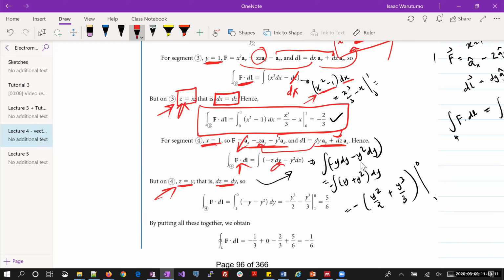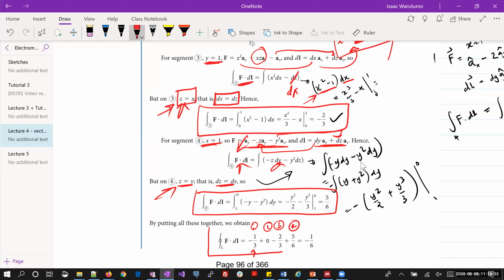And once you have done this integration, it will give you 5/6. And therefore, the full line integral, which is a combination of the 4 terms, path 1, path 2, path 3, and path 4, gives you the closed path integral as minus 1/6.